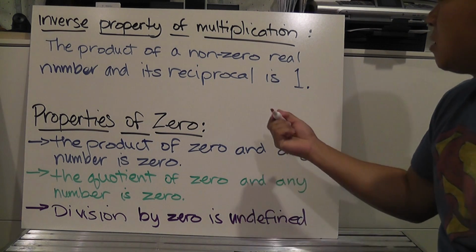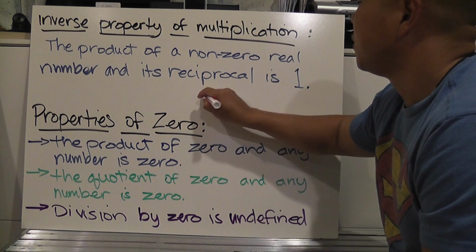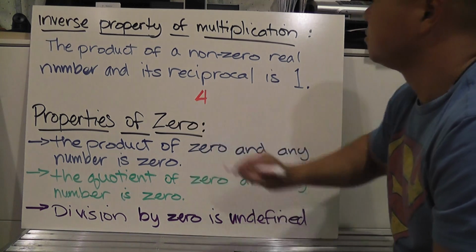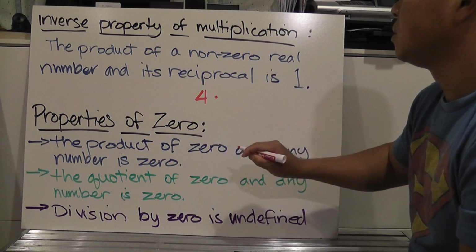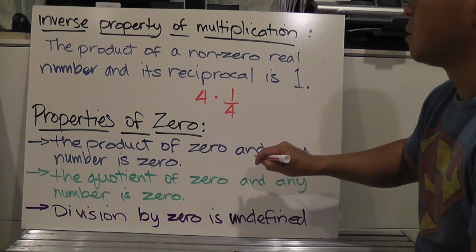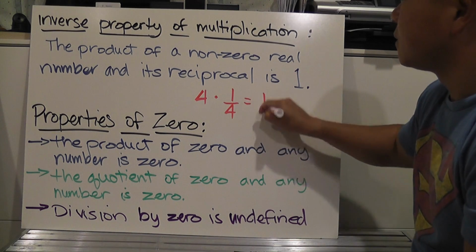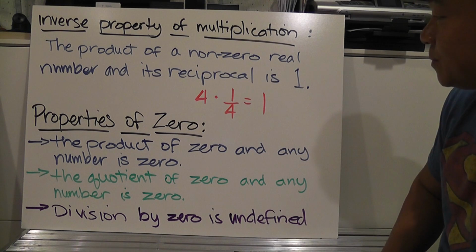So, let's go with 4, and 4 times 1/4 gives you 1. That's the inverse property of multiplication.